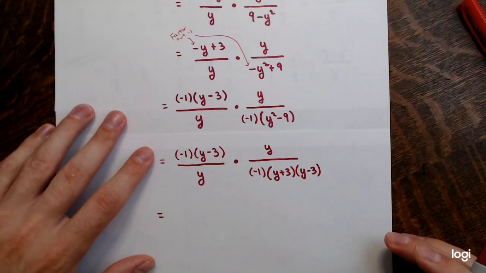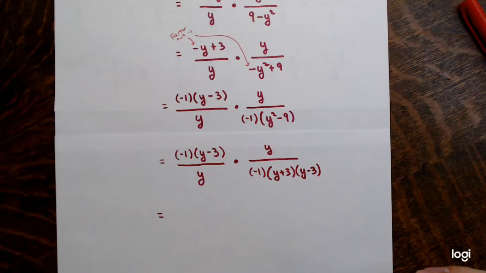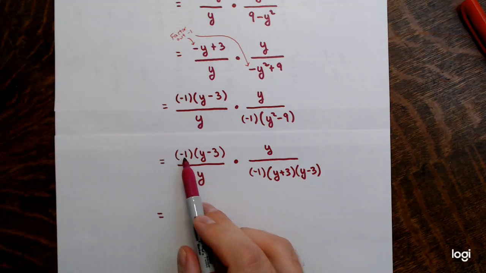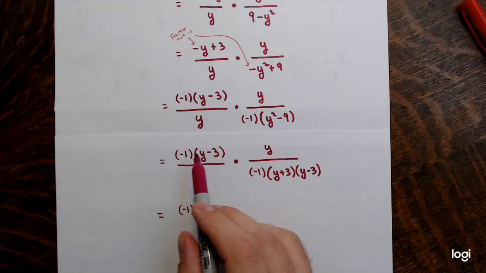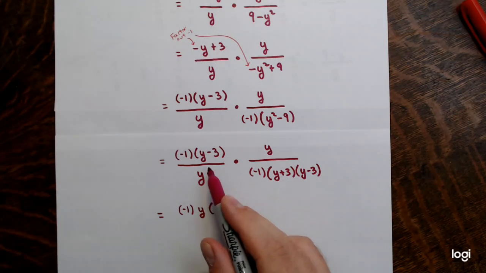And then comes the multiplication. Now when you multiply, I've mentioned this before in the video, the denominators do not need to be the same. I don't need to change this to look like that. This is fine. When you multiply, you're simply multiplying the numerators and multiplying the denominators. And so basically all I'm doing here is listing the factors in the numerator. So in the numerator, I have a factor of negative 1 times, and you can rearrange the order, a factor of y times a factor of y minus 3.